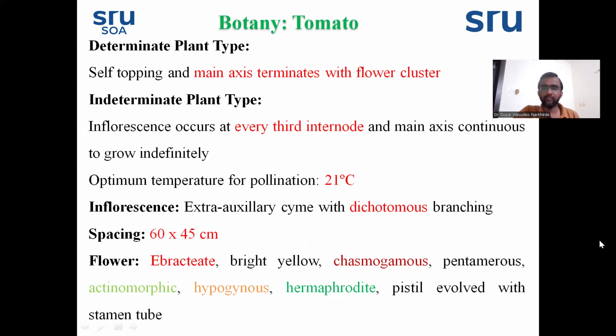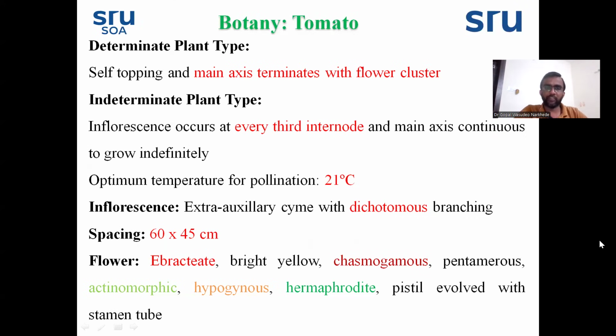Determinate means your main axis terminates with flower cluster, and indeterminate means inflorescence occurs at every third internode. You can see inflorescence at every third internode and the main axis continues to grow indefinitely.